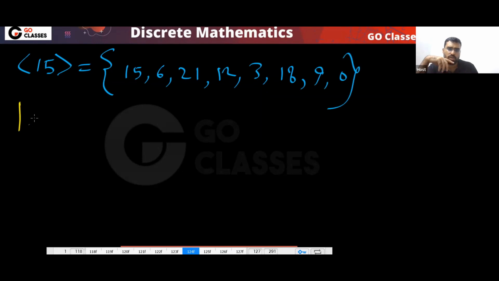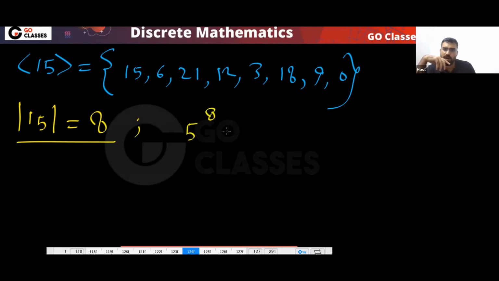So only 8 elements you can generate, because 15 power 8 is 0, and this is the smallest.